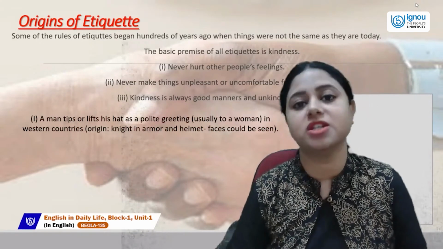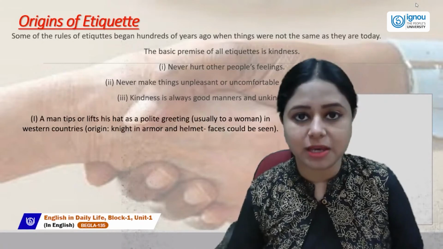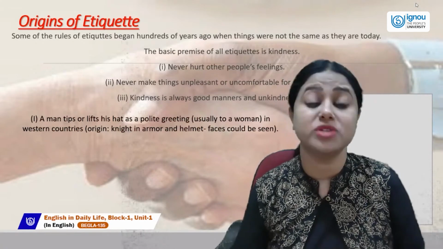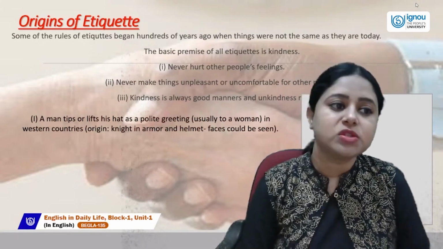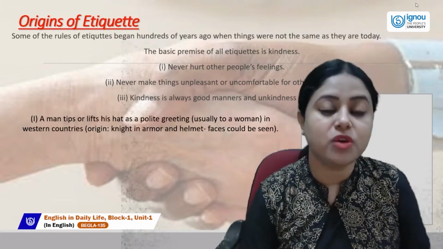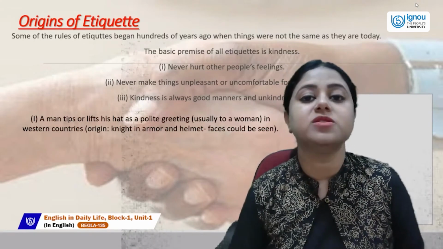But the trend continued, and gradually with time it has come to an end. Now people don't really do that, right? So there are theories which tell you the origin of a certain etiquette, but with changing times, these patterns change.